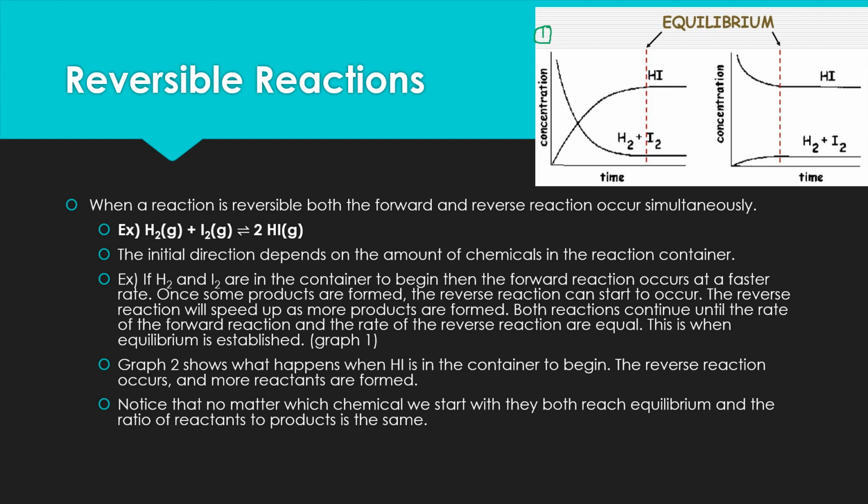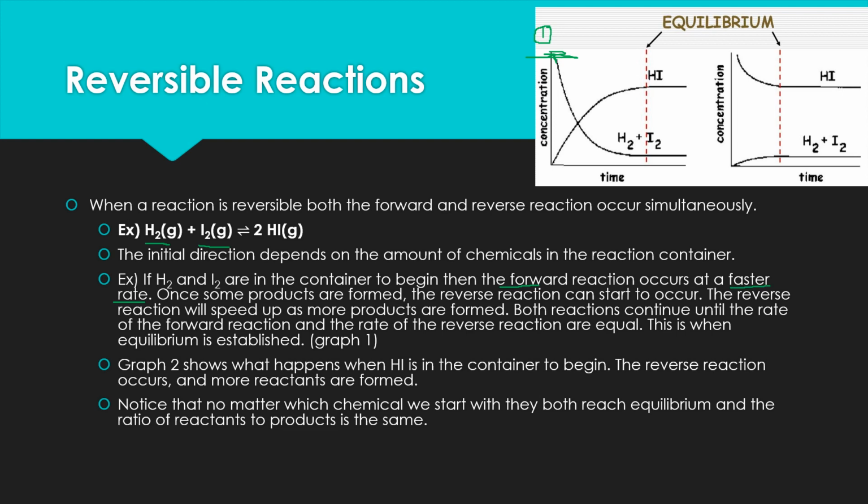If hydrogen and iodine are in the container to begin, so I take a container that is empty, it has no chemicals, and we add hydrogen and iodine gas, those would be in high concentration. So we can see that their concentration starts out really high, and the forward reaction will occur at a faster rate.